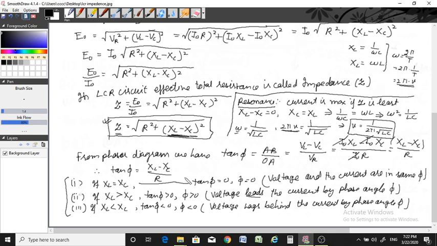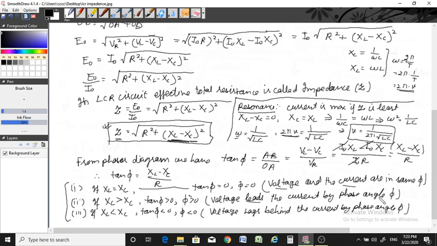When the two terms are equal, phi is equal to 0, meaning voltage and the current are in the same phase. If XL is greater than XC, this value is positive, tangent phi is greater than 0, so phi is greater than 0. For a positive value, voltage leads the current by phase angle phi.